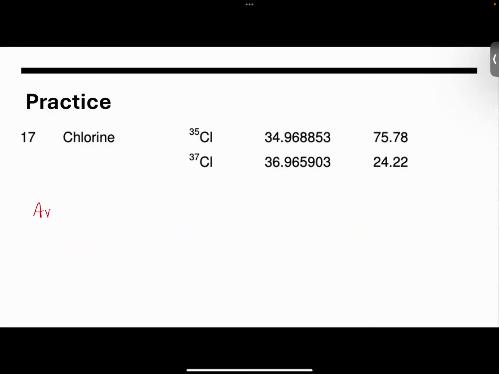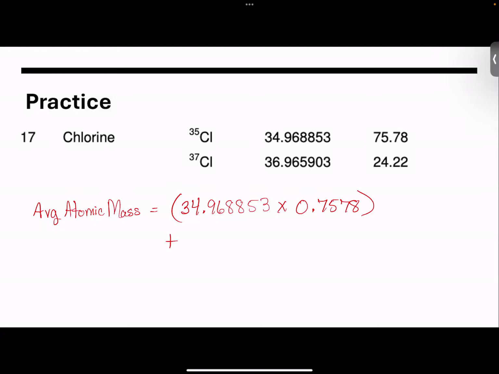The average atomic mass is going to equal the mass of the isotope times its abundance, and we're going to add to that the mass of the second isotope times its abundance.